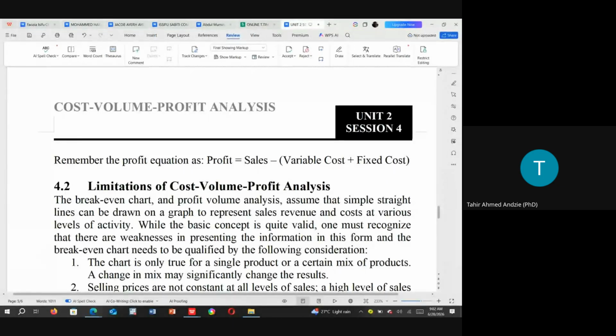Therefore, it assumes there's a straight cost line and a straight revenue line. While the basic concept is quite valid, one must recognize that there are weaknesses in presenting the information in this form, and the break-even chart needs to be qualified by the following considerations.